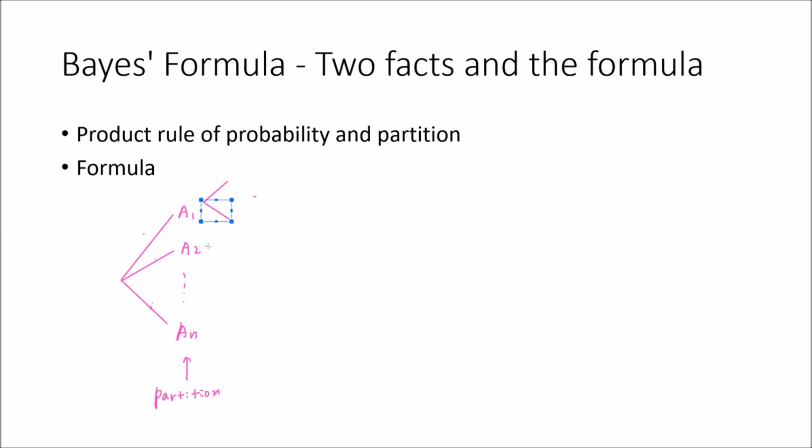Let's call them B and B prime. Here there could be a B1, B2, B sub m, but it's unnecessarily complicated for our purpose.